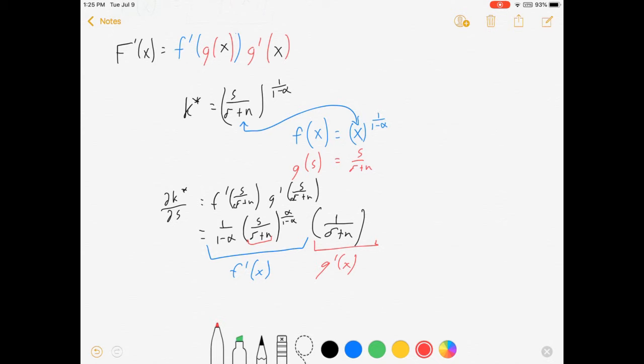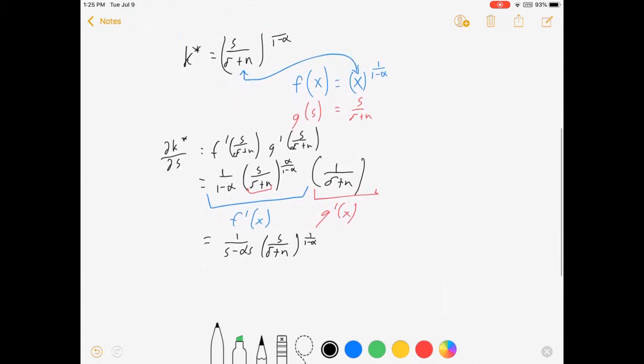And then we could simplify this further if we wanted to. I think the way I wrote it down in my video, it came out to being 1 over s minus alpha s times s over delta plus n to the 1 over 1 minus alpha.